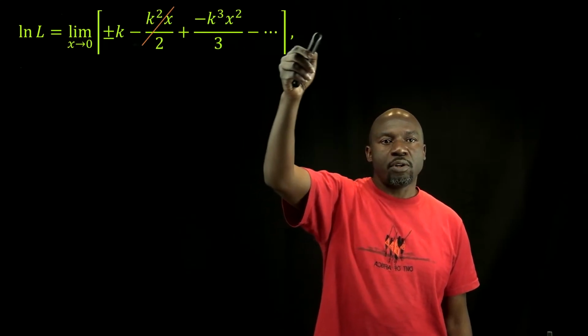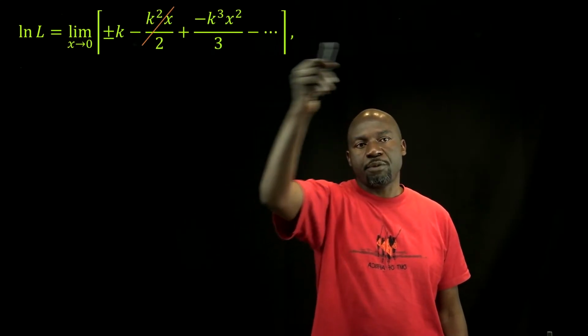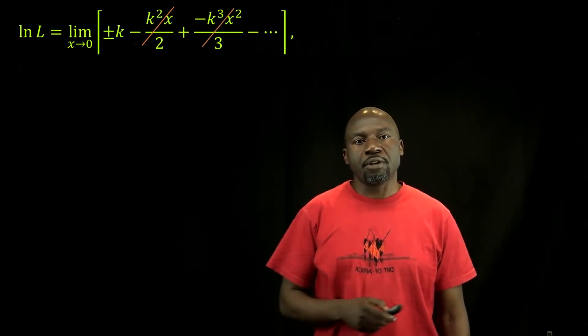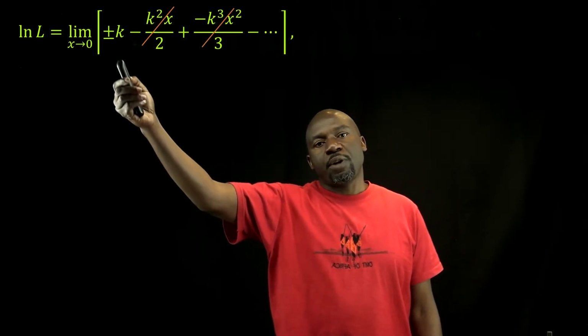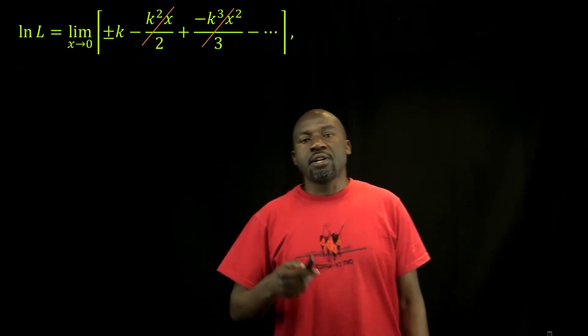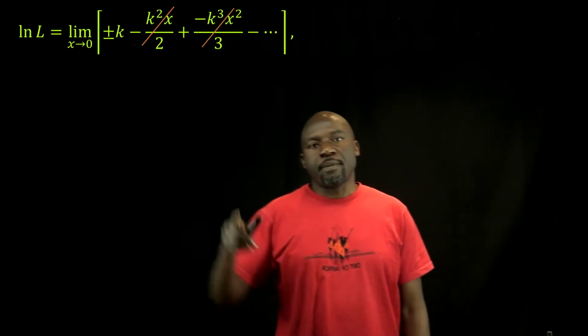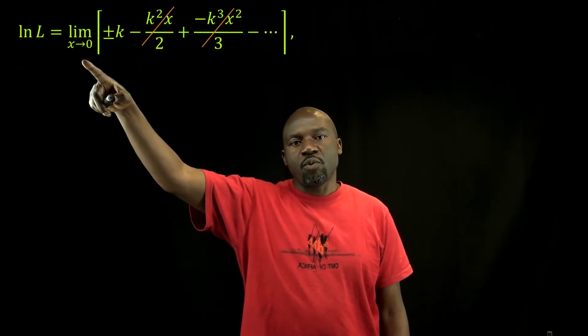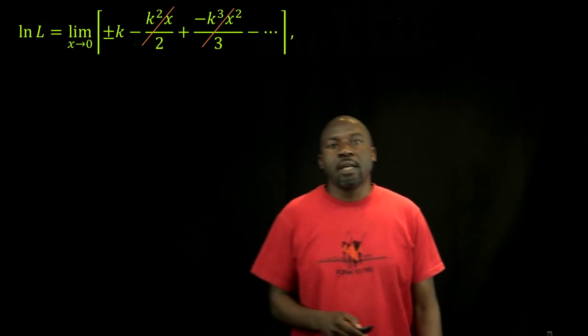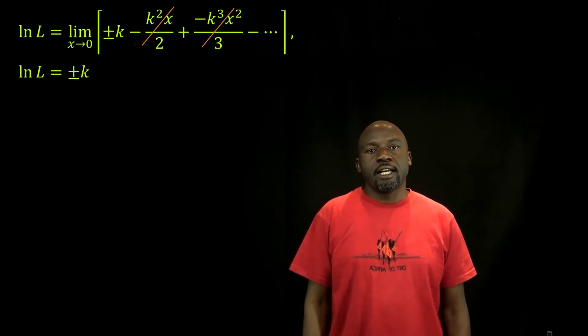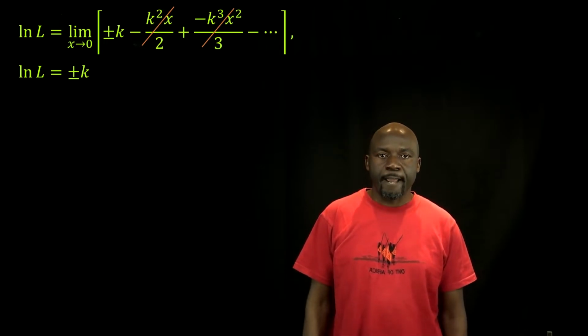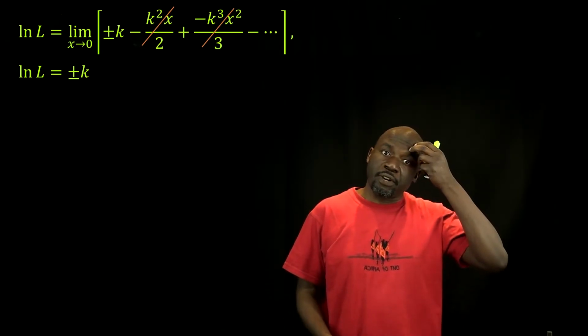So any term that contains x, which is everything from here onwards, is going to disappear, and we are left with plus or minus k. So ln of L is going to be plus minus k, because we've now gotten rid of that limit, and so we can write that ln of L is plus minus k. Hoping you understood this. It's not very difficult.